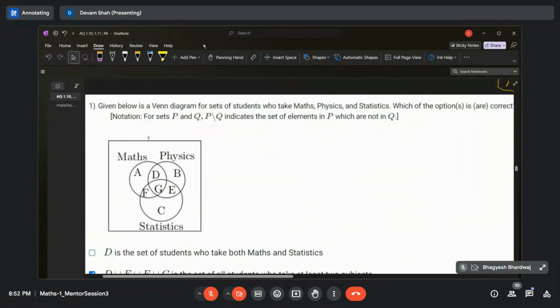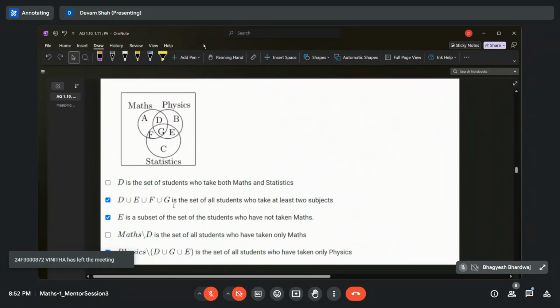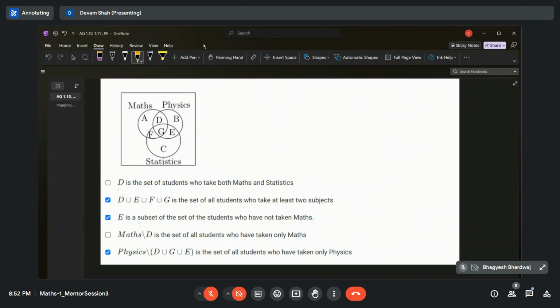Here they are given maths, physics, and statistics Venn diagrams. And we have to solve for the options. So here, what is the first option? The set of students who take both math and statistics.